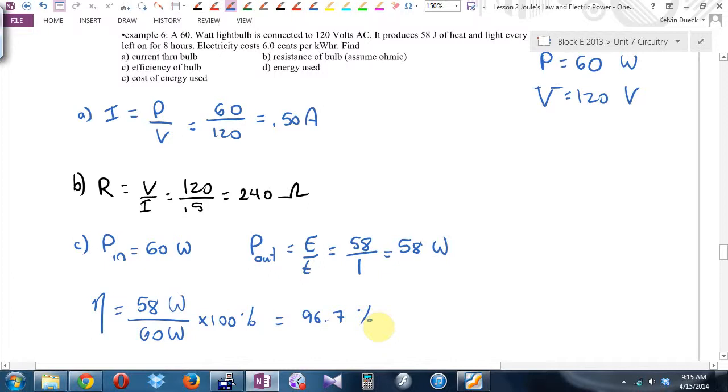Now, the only reason it's that high is because I included heat in that calculation. I said it produces 58 joules of heat and light. It turns out most of that energy goes into heat. And so politicians saw that, in fact, if you only look at light, incandescent bulbs are about 8% efficient. They're about 92% inefficient.